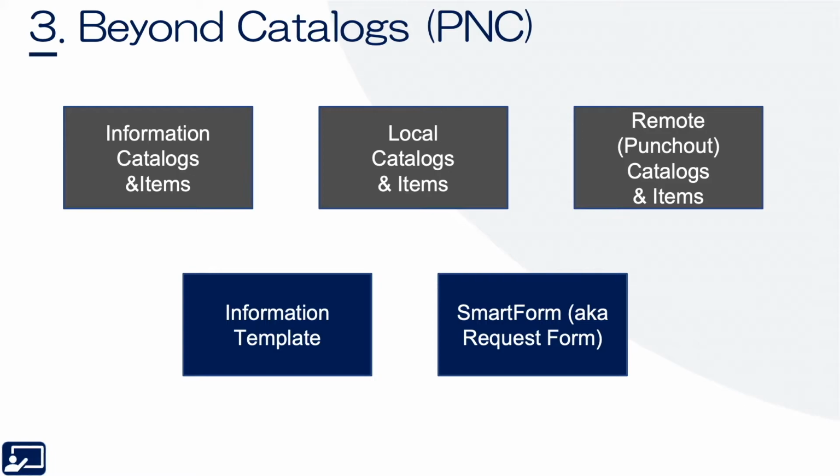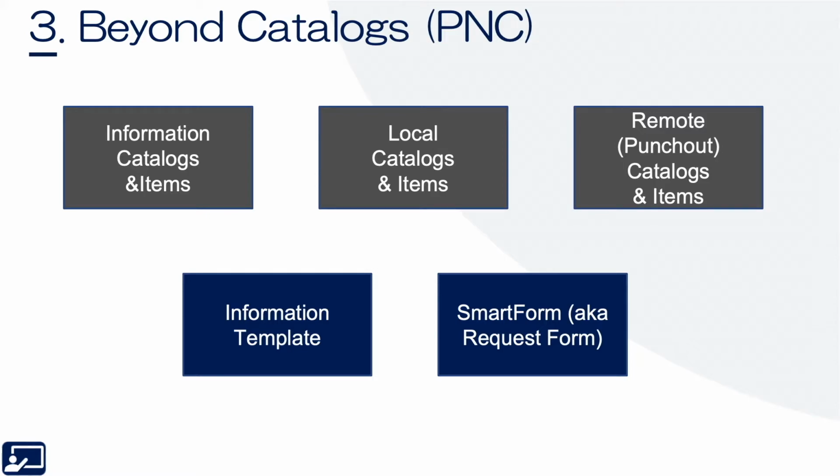I need your title, maybe your phone number, so I need to add some additional data elements. Those will be done using information templates. Really what it means is that you take those data elements and you add them to a non-catalog request, which is a very generic request. And that then is called a SmartForm. You see that there on the right.